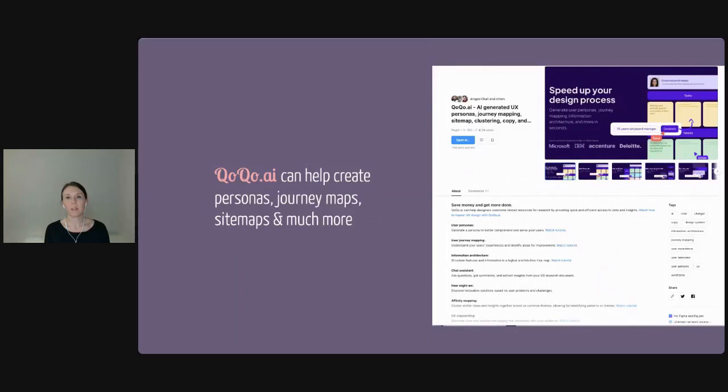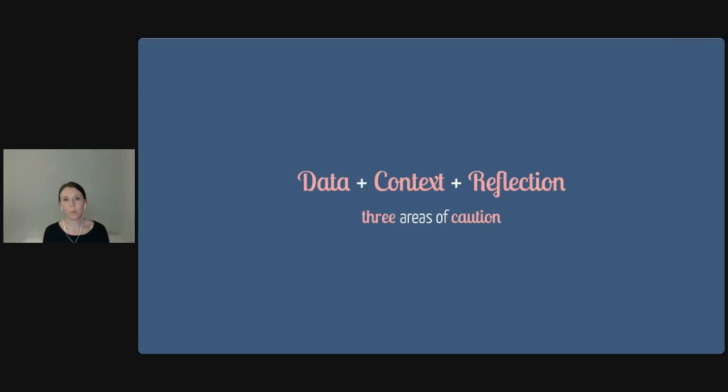We can use things like Coco, which is a plugin for Figma, to actually create personas and user journeys. And all of these things are really good because it saves us a vast amount of time, and if you're not very good at visualizing some of these things, then it can do that for you. But there are a few things that I want to put some cautions around.